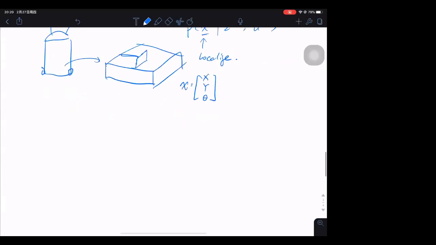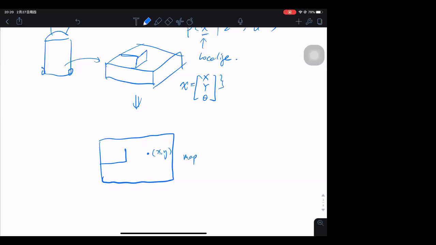If we show this environment, probably we get a map like that. This is the map, so any location in this map will have a coordinate. That's exactly this x and y. And theta is the orientation.